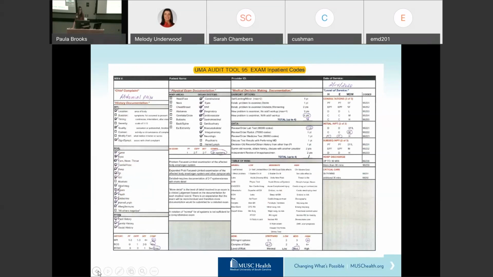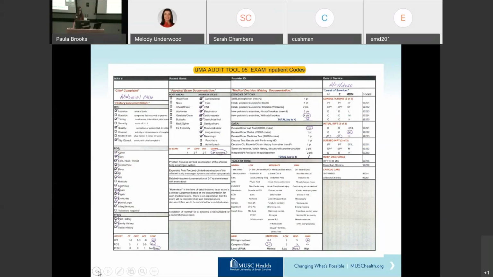We also made sure that we had our review of systems. As you can see here, already checked with constitutional, the eyes, ENT, cardiovascular, and so on. So we at least had 10, and we had our past family and social history. So that gave us a comprehensive history.